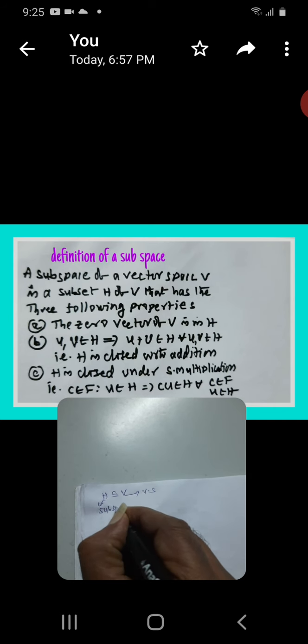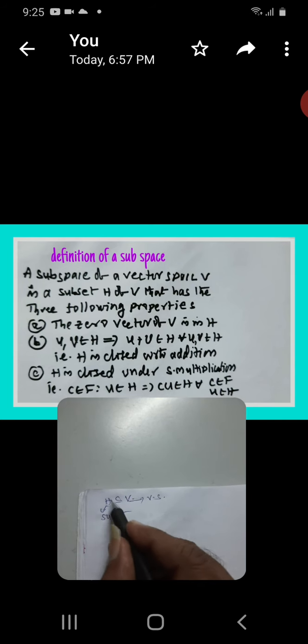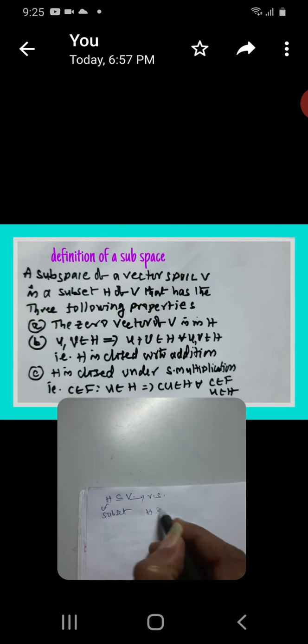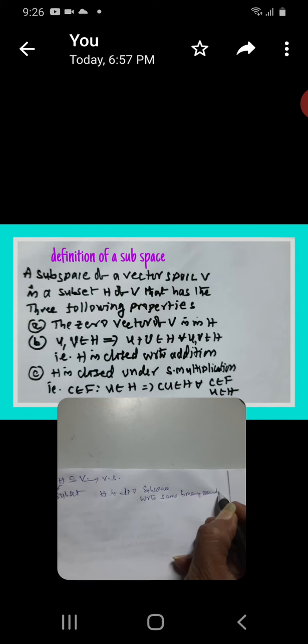Here H is also a subspace with respect to the same binary operation in V.